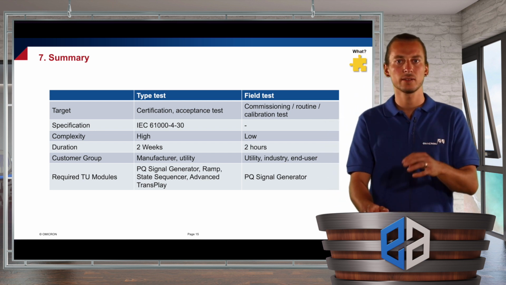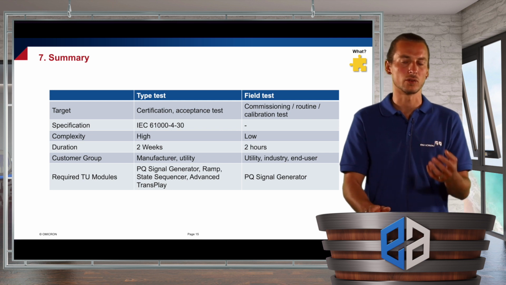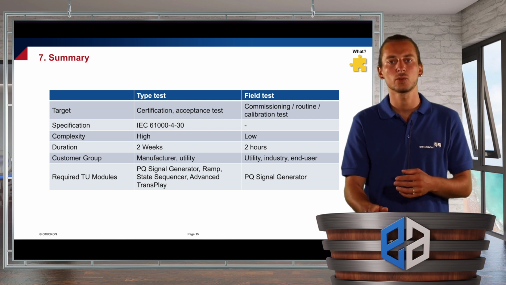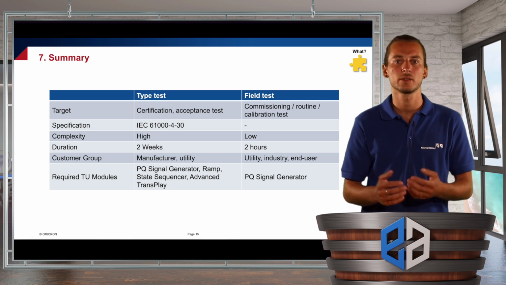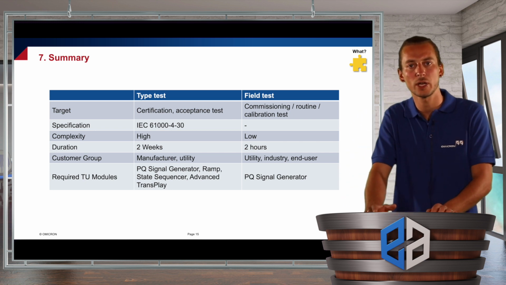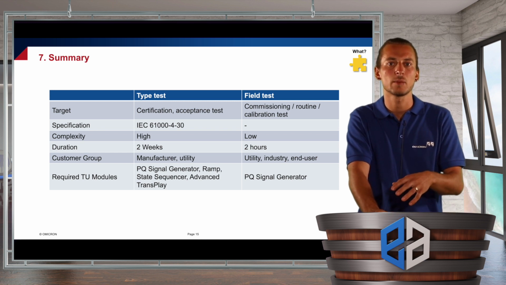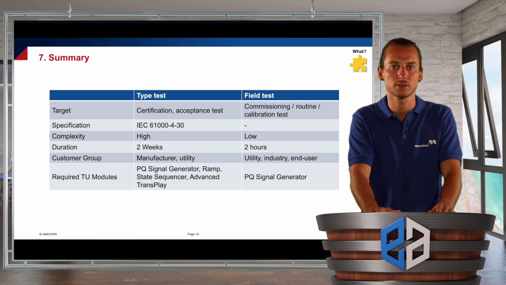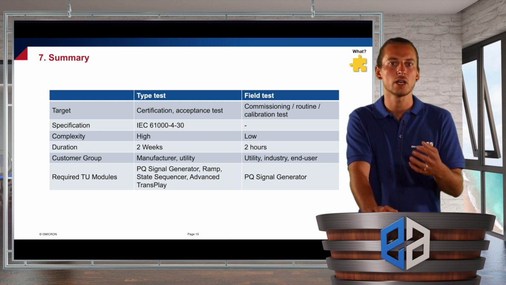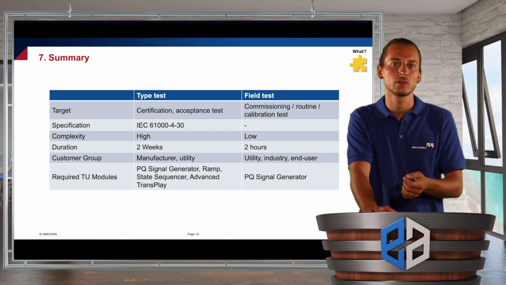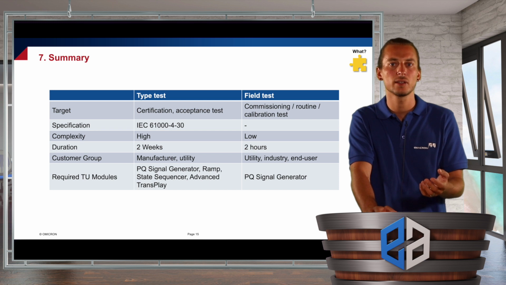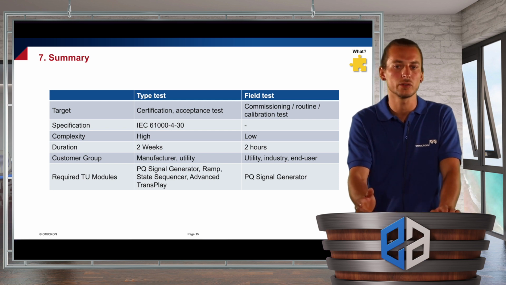And the field testing concept is more for commissioning or routine testing, as well as a calibration test. There's no standard or best practice. The complexity is very low and it takes just up to 2 hours to do the whole test. This target group, I would say, is also utilities, but more industry or also end users.